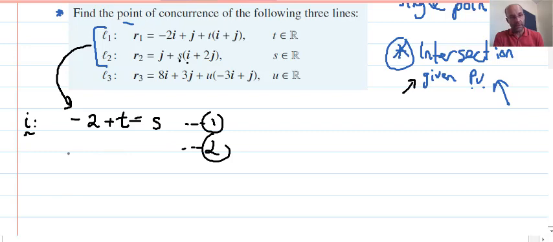We're going to generate equation 2 from the j components. We have 1 plus t, which equals, on the other equation, 2s plus 1, or 1 plus 2s.